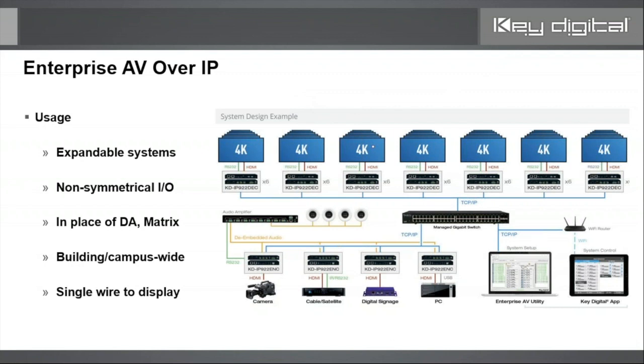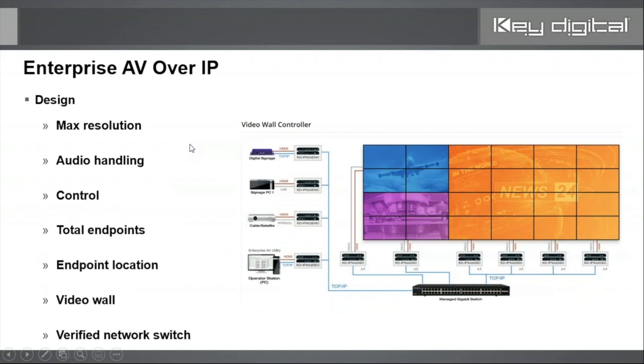In fact, you could buy 1 encoder and multiple decoders to replace a distribution amplifier, or multiple sources and encoders and only 1 decoder to replace your traditional switches. So you see how flexible it is, and it requires you to just run a single wire to each source and each display.